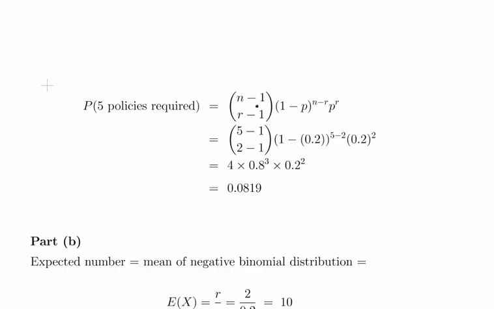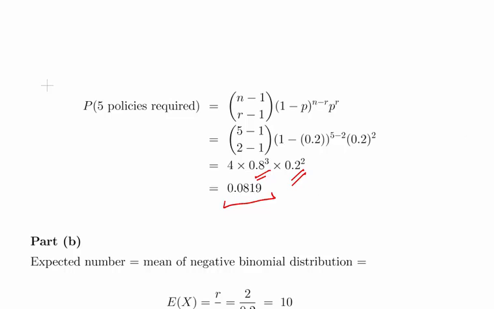N minus 1 choose R minus 1: 5 minus 1 choose 2 minus 1 is 4 choose 1, which is 4. Then 1 minus P to the power of N minus R times P to the power of R: 1 minus 0.2 to the power of 5 minus 2, which is 0.8 cubed, and P to the power of R is 0.2 squared. Working that out, you should get an answer of 0.0819.